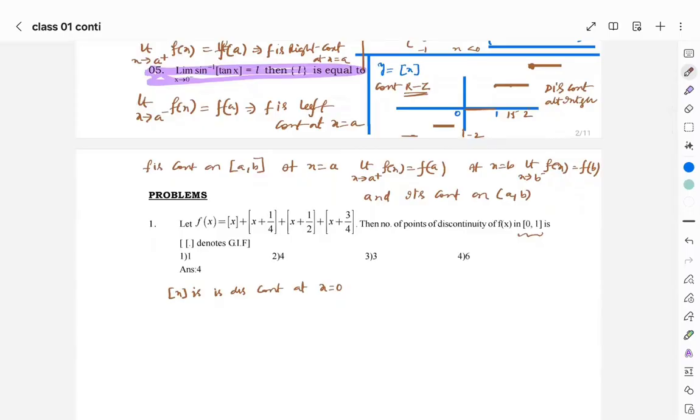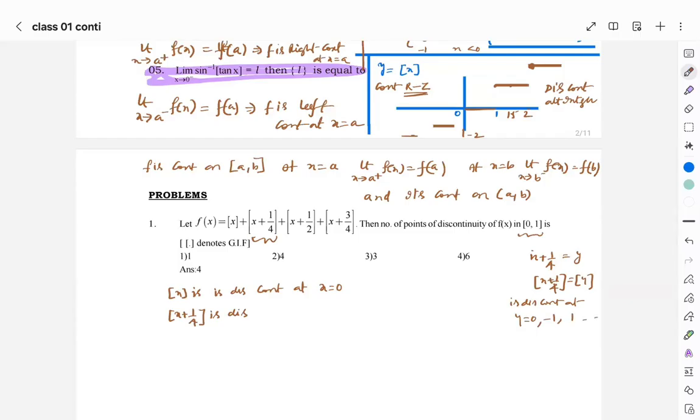What about this, step of x plus 1 by 4? You can make x plus 1 by 4 as y, then step of x plus 1 by 4 will be step y, which is discontinuous at y equal to 0, minus 1, 1 like that.